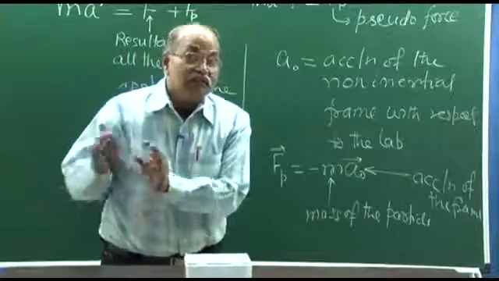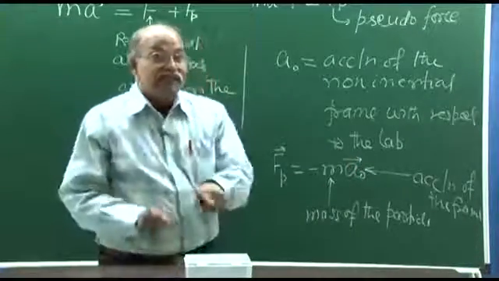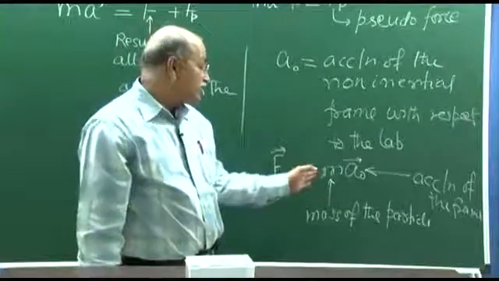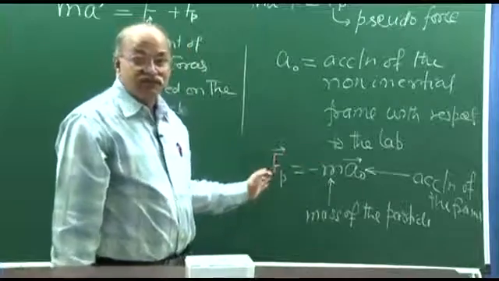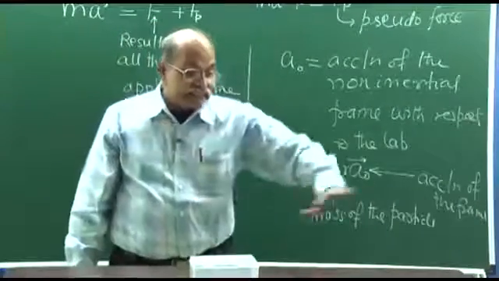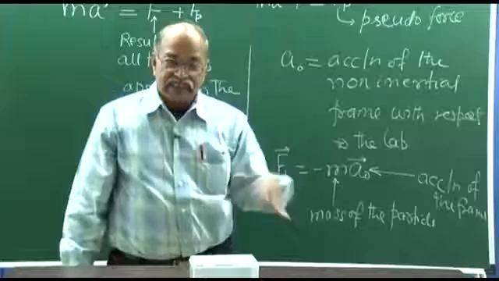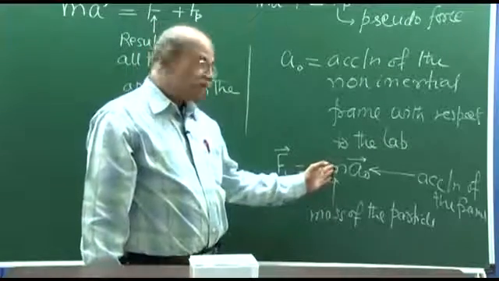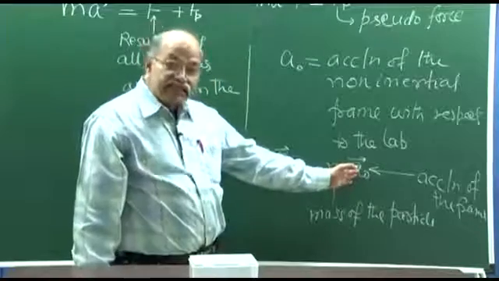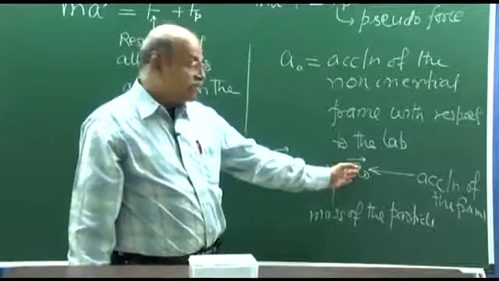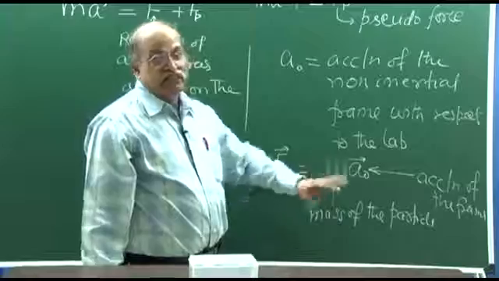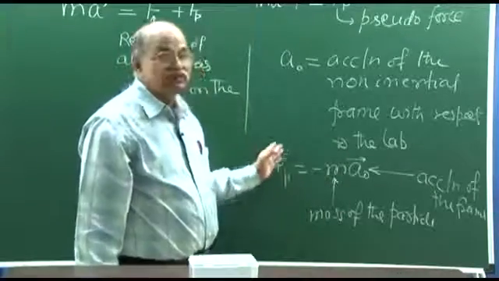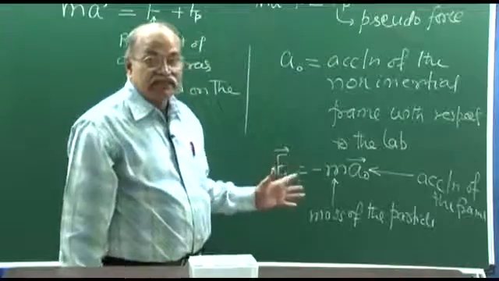You take the mass of the particle and the acceleration of the box and then multiply and put a minus sign. So, that is the pseudo force. For linear acceleration of the frame, it is very simple. You take the mass of the particle, multiply it by the acceleration of the frame with respect to the inertial frame, put a minus sign, that means you reverse the direction, and that is the pseudo force on that particle.